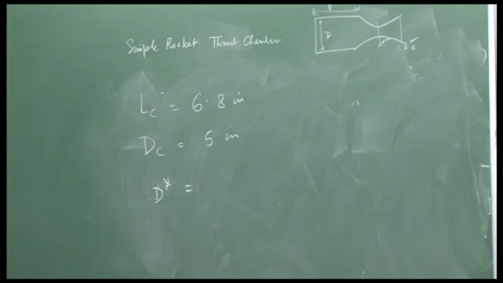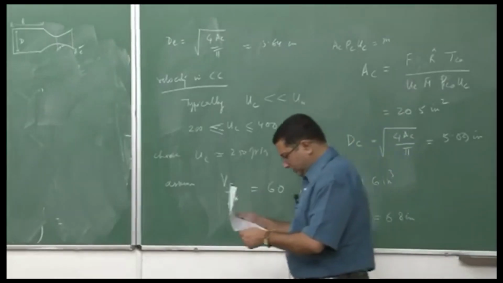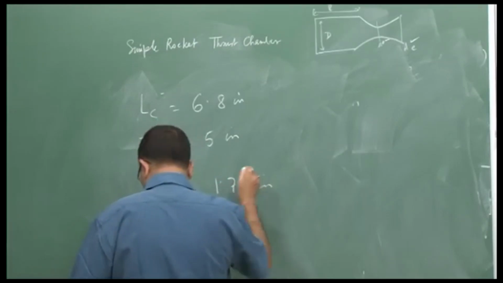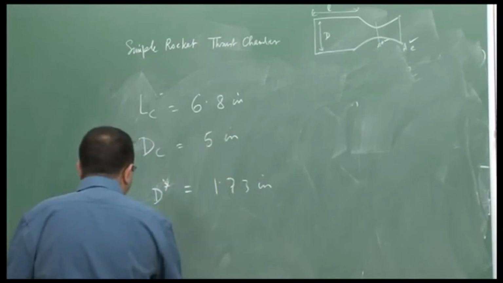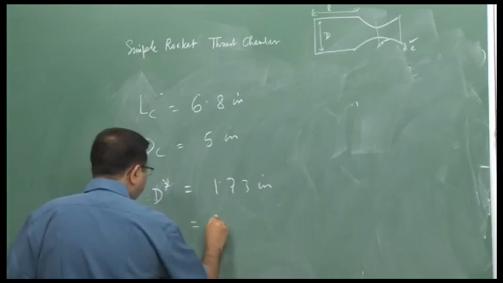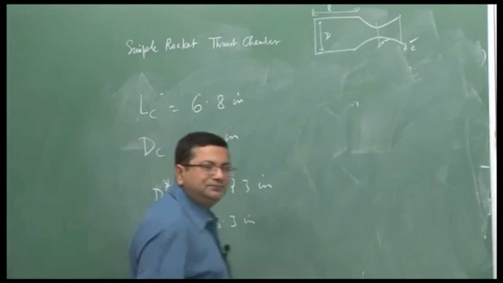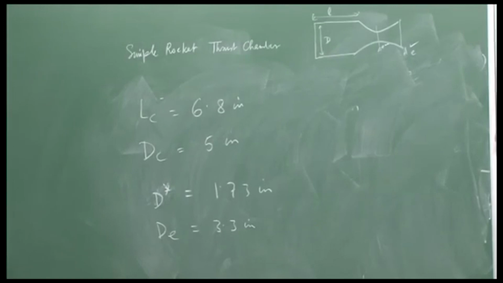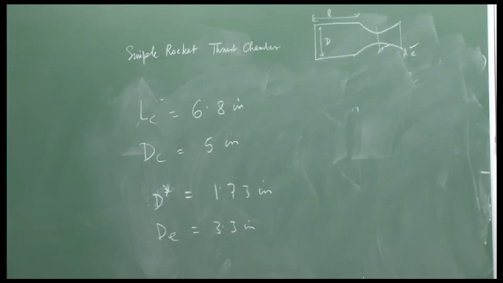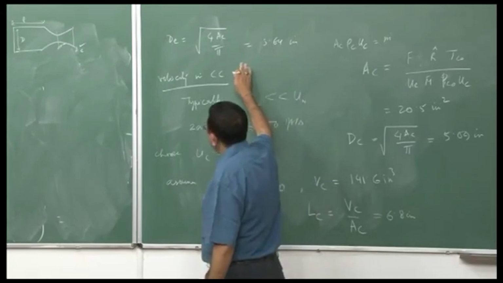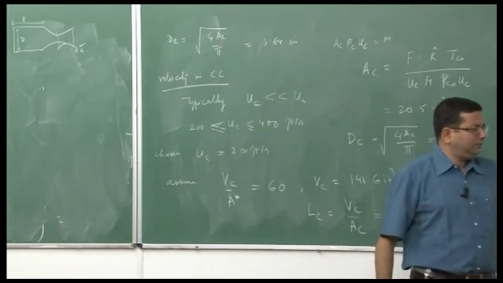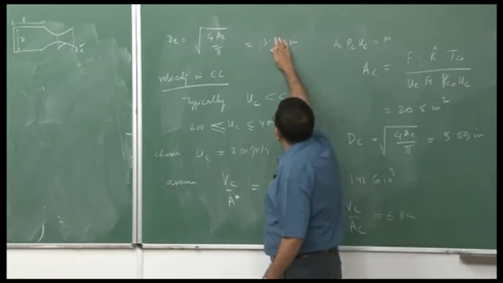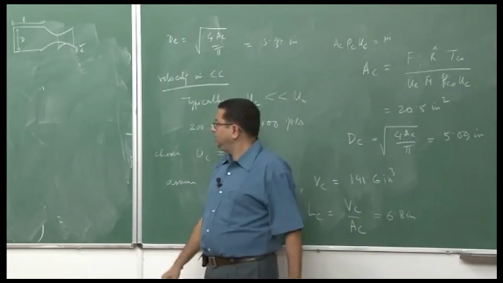The throat diameter was equal to about 1.73 inches, and my exit diameter was 3.3 inches. These are the 4 parameters that we have designed now, estimated from the design. Sorry, this is 3.3 inches, not 3.64, that was a calculation mistake.